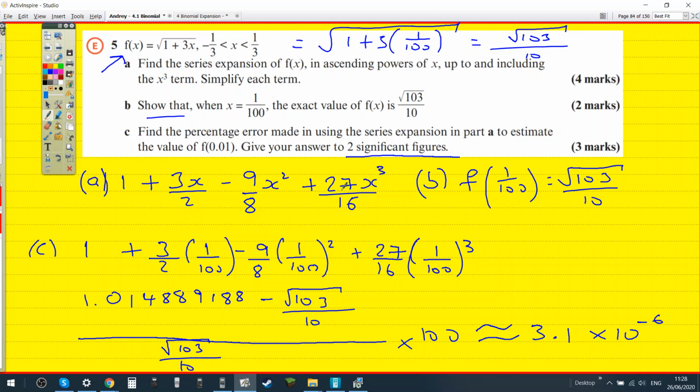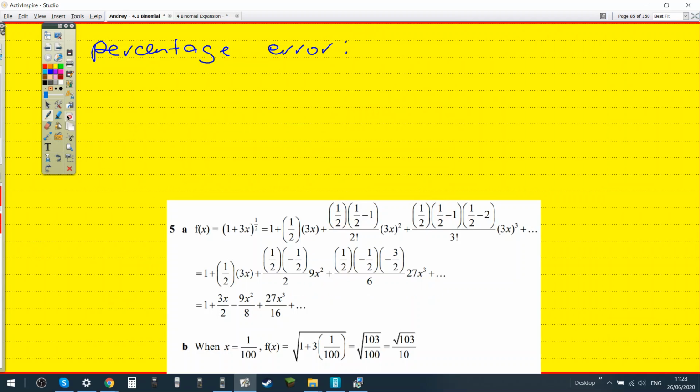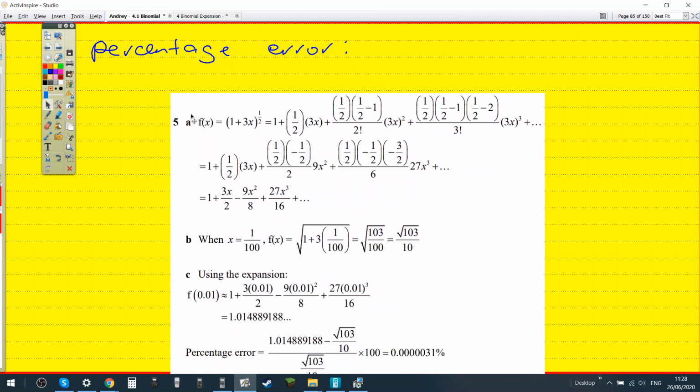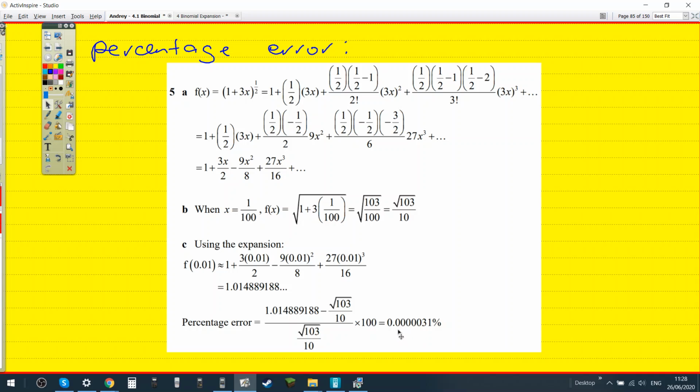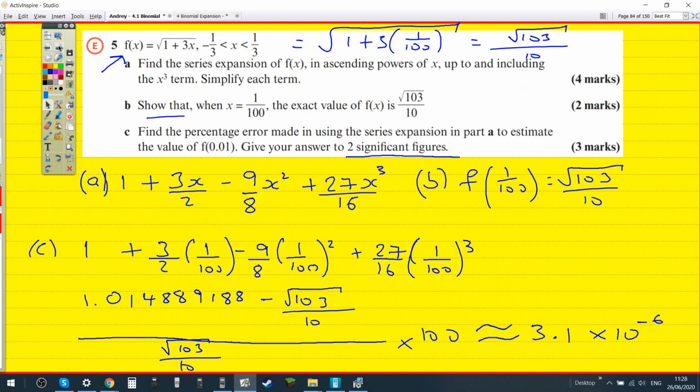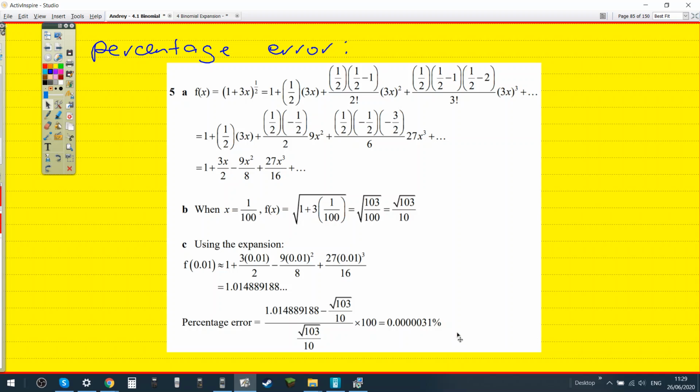Using our expansion, we can approximate the square root of 2, and then we can say, okay, what was the error between our approximation and the exact amount? So it's like percentage change over original times 100. Let's see, this is our answer. Okay, so 6 zeros and then 3 1. Yeah, so same thing.